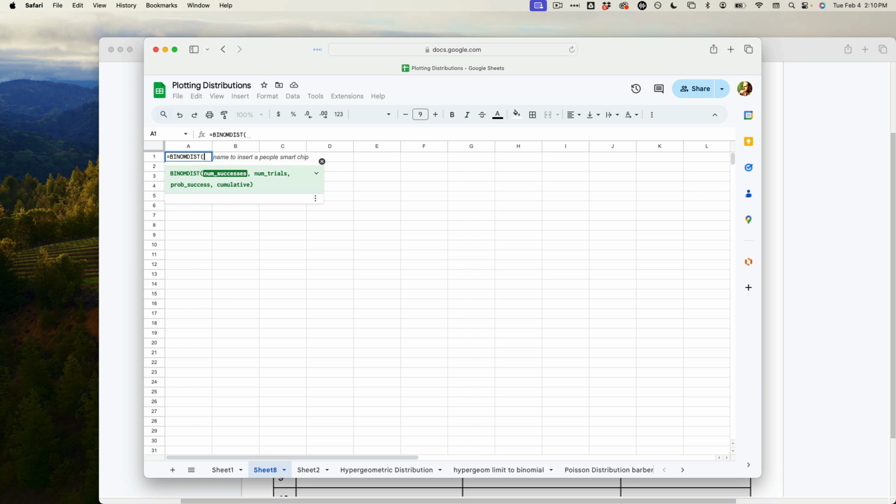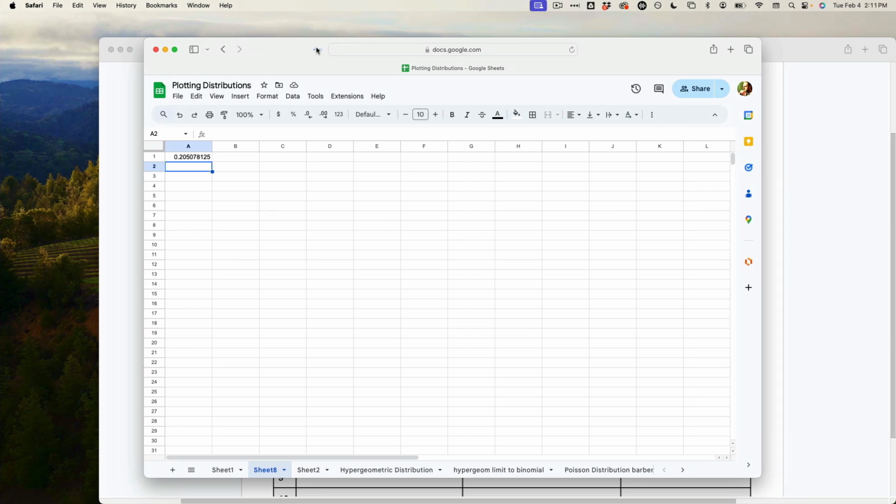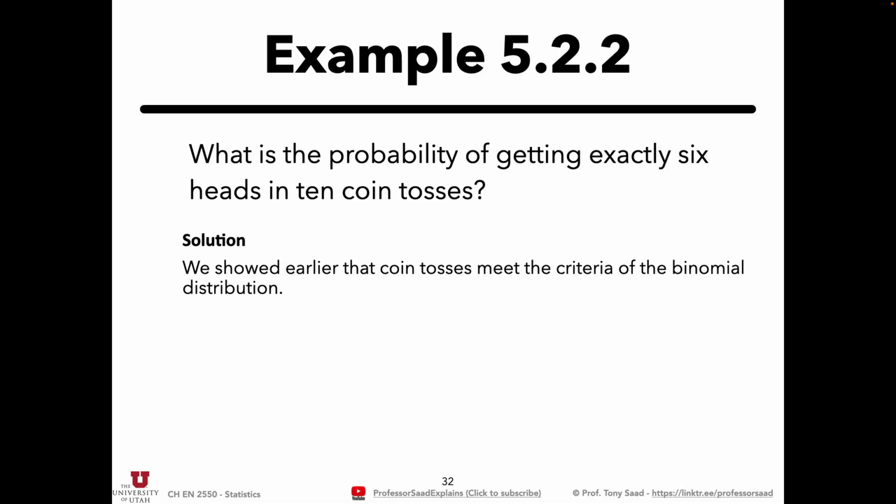And I'm going to give it number of successes is 6, number of trials 10, and probability of success is 0.5. And this is not cumulative, so I put false or 0 at the end. And that gives me 20.5%. Okay? That's the answer. You could put this in your calculator, or you could verify this with the formula for the binomial distribution. Either way works.